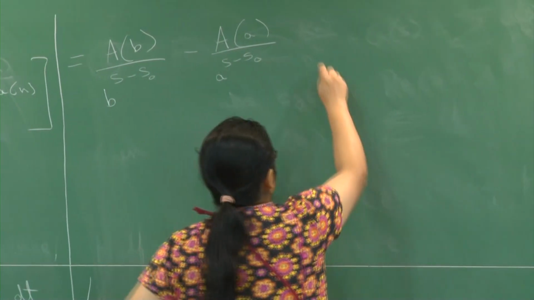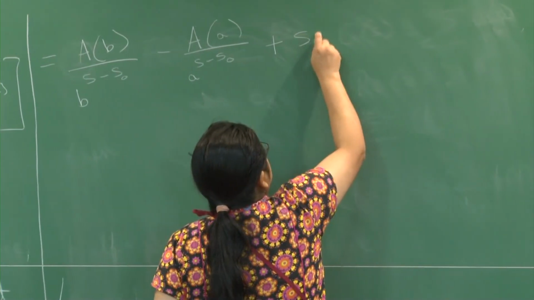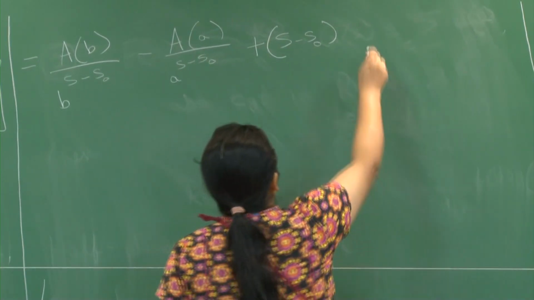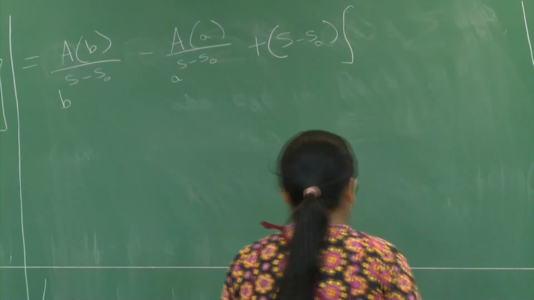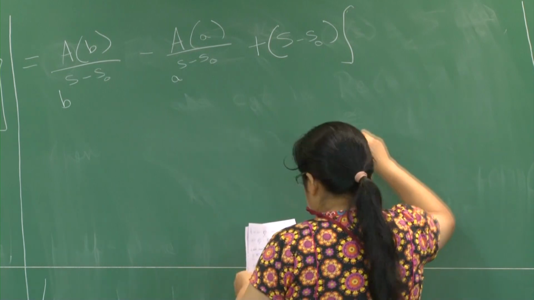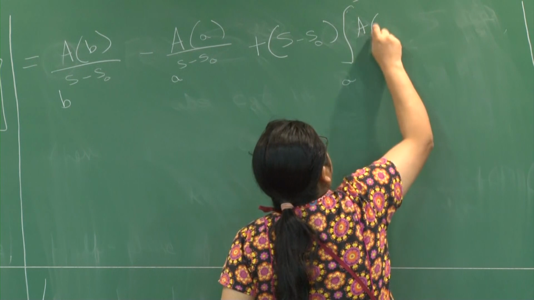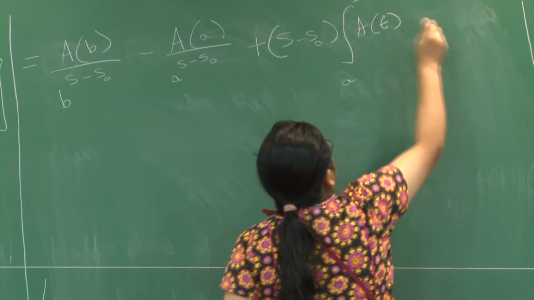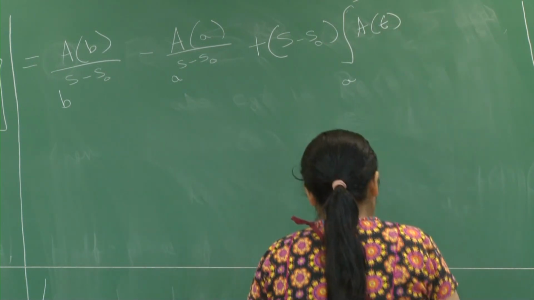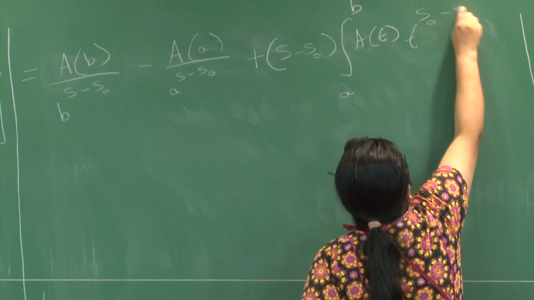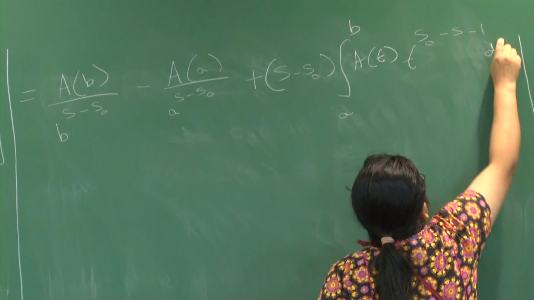This just turns out to be plus s minus s0 into the integral a to b of A of t times t raised to the s0 minus s minus 1 dt.